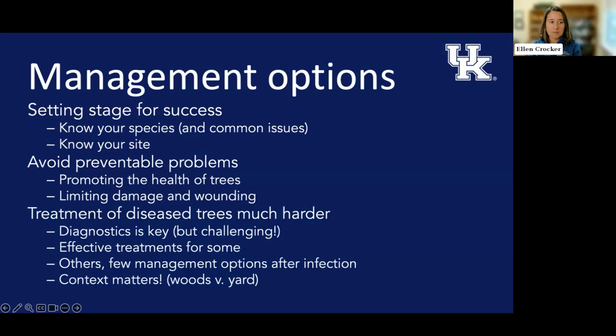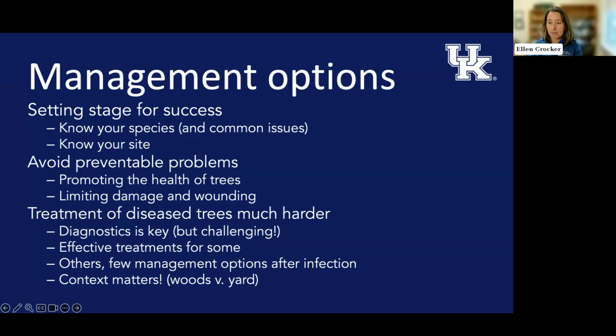Treatment of diseased trees is much harder. Diagnosis is key, so figuring out what the problem is, but it can be a challenge, even for professionals with a full lab setup. There are effective treatments for some things, whereas for others, there are few management options after infection. You might have more options if we are talking about trees in your yard.